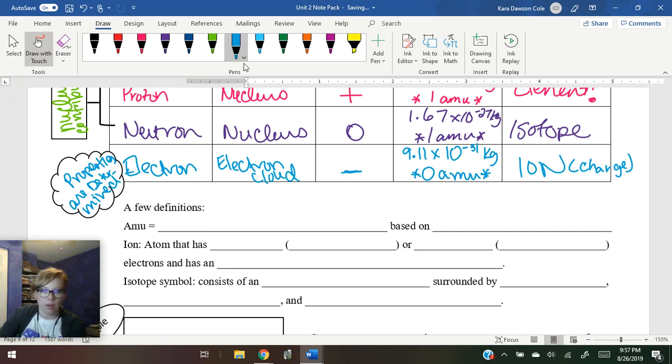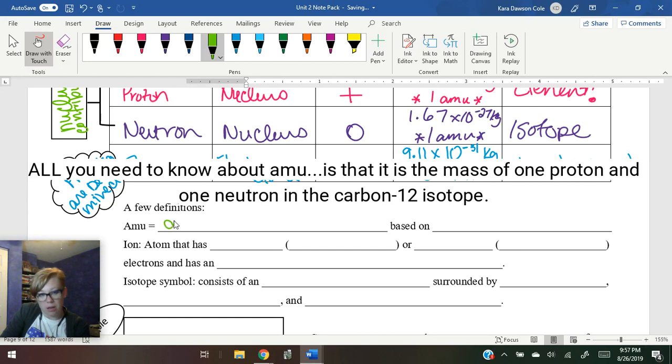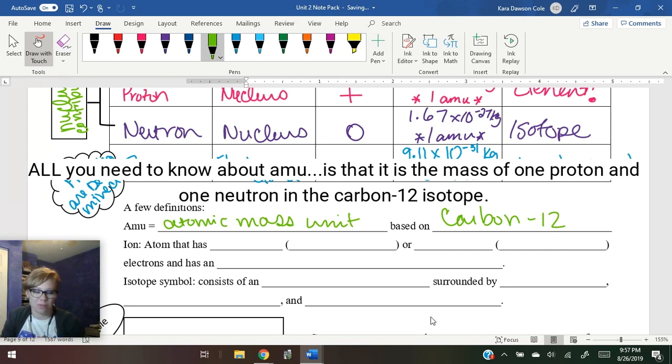So just a few definitions. This atomic mass unit, what is that? AMU is the atomic mass unit, and it's based on carbon 12. Imagine that. So the isotope carbon 12.